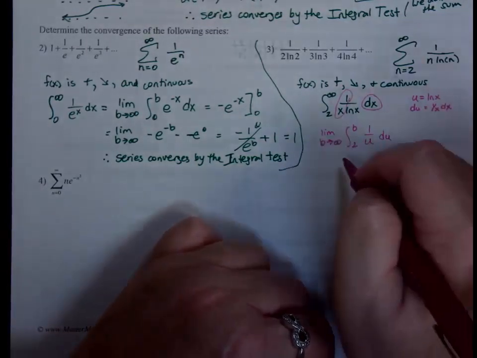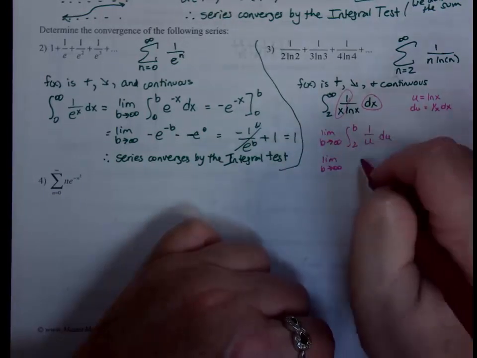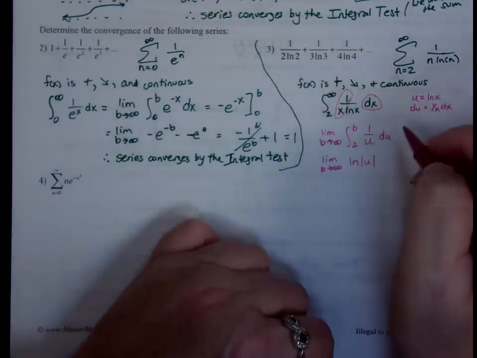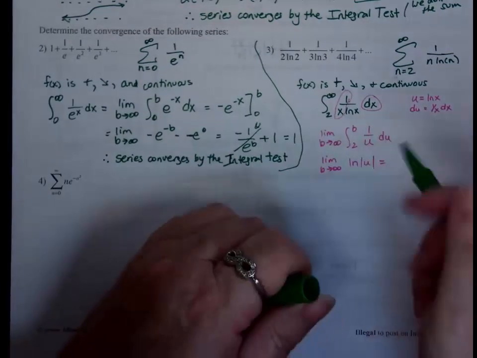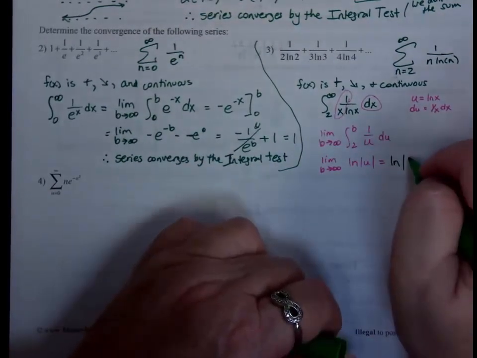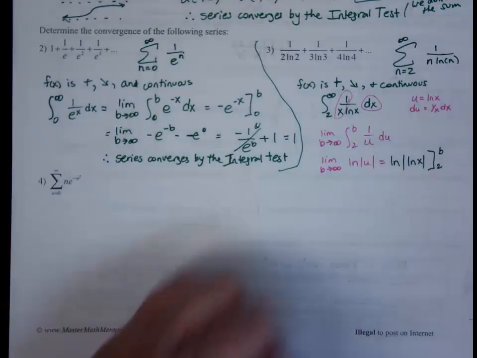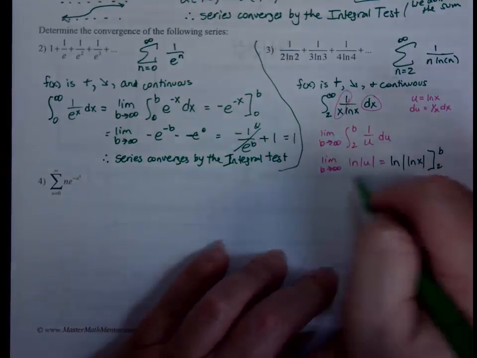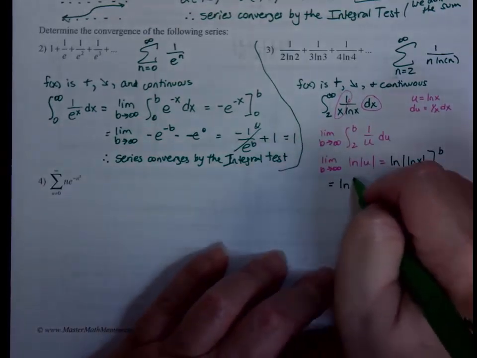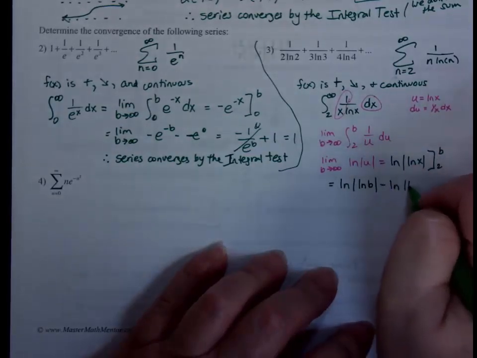So this is the limit as b approaches infinity of ln of absolute value of u, which I need to change back to ln absolute value of ln of x from 2 to b. So this would now be ln of b minus ln of 2.